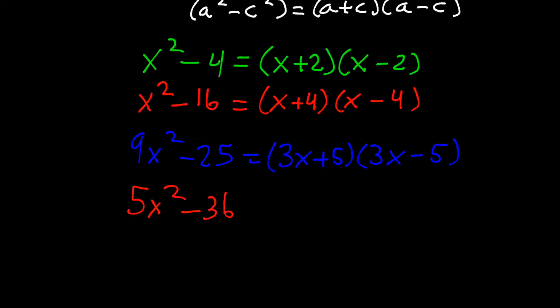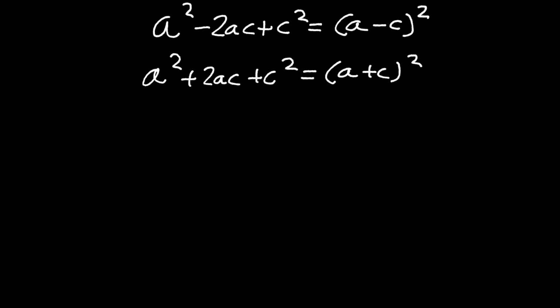Now let's look at perfect square trinomials. For perfect square trinomials, we're going to have our typical standard form quadratic function, but I've written it a little bit differently here. Instead of b, I have 2ac. Now, when we are trying to use perfect square trinomials, the front term and the back term have to be perfect squares to start off with.